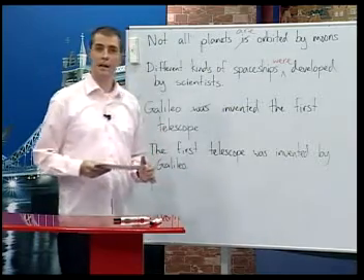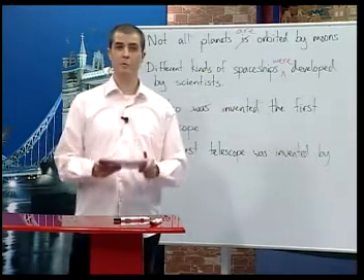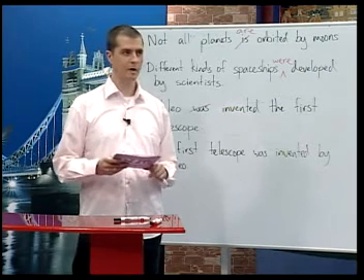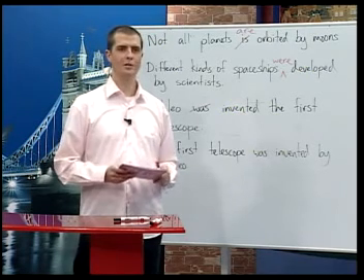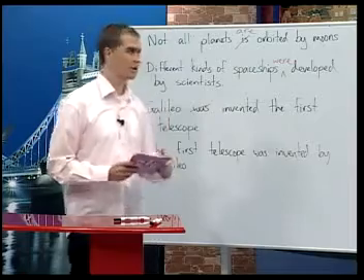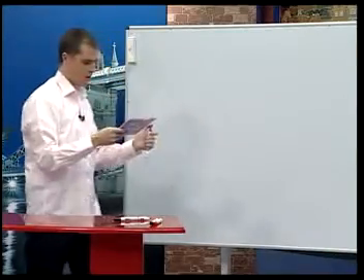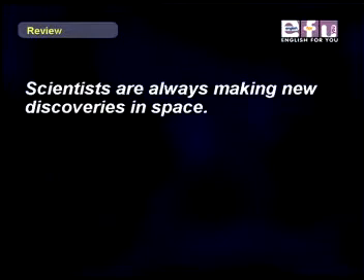Right, well let's try an exercise now using the passive voice with present continuous. I'll give you a sentence in the active voice and you change it to the passive and we'll use the present continuous. The first sentence goes to Rosa. Scientists are always making new discoveries in space.